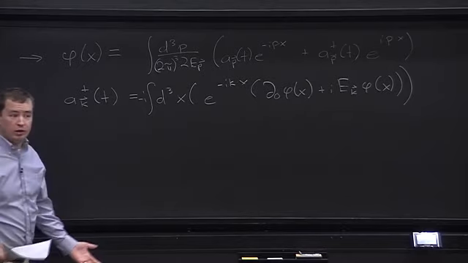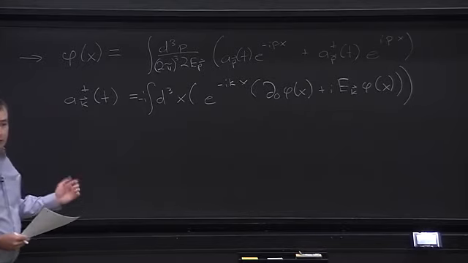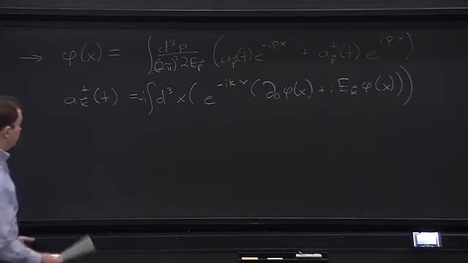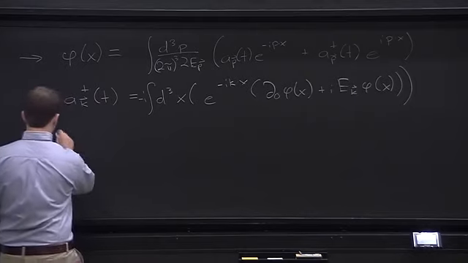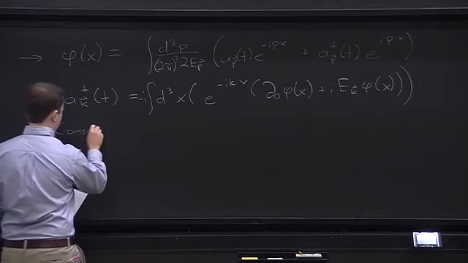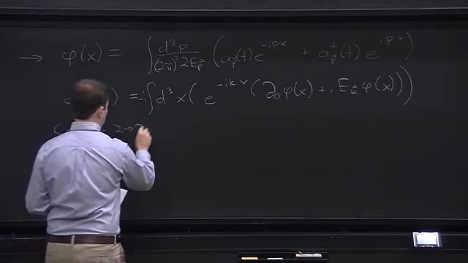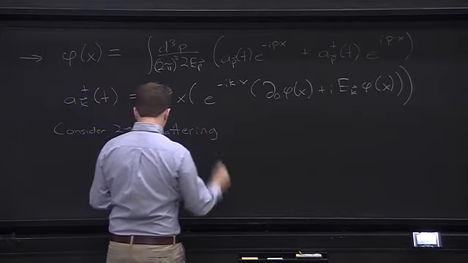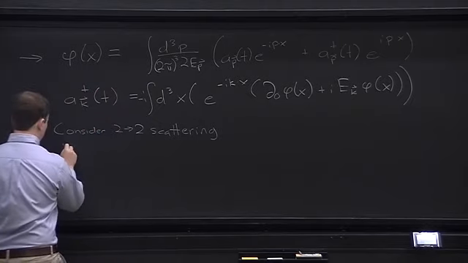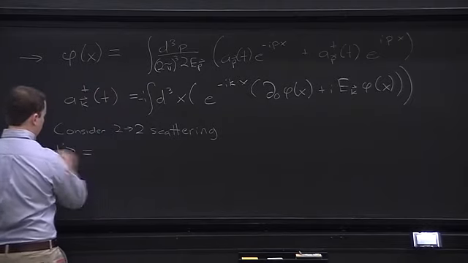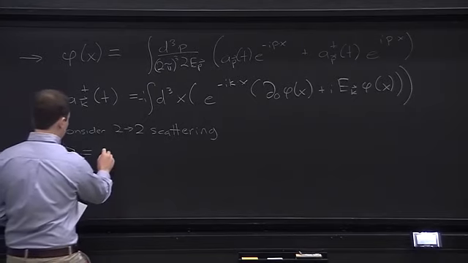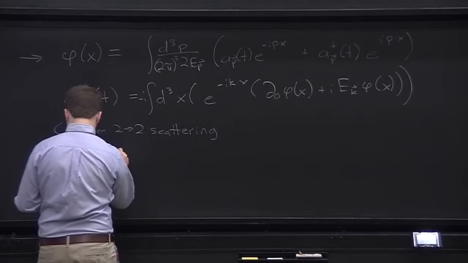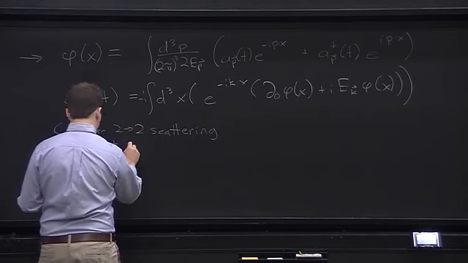And for simplicity, we'll derive the LSZ reduction formula for the simplest interesting case, which is 2 to 2 scattering. So let's consider 2 to 2 scattering. And then we can consider an initial state at time minus infinity to be just a state where we have two particles of momentum k1 and k2.